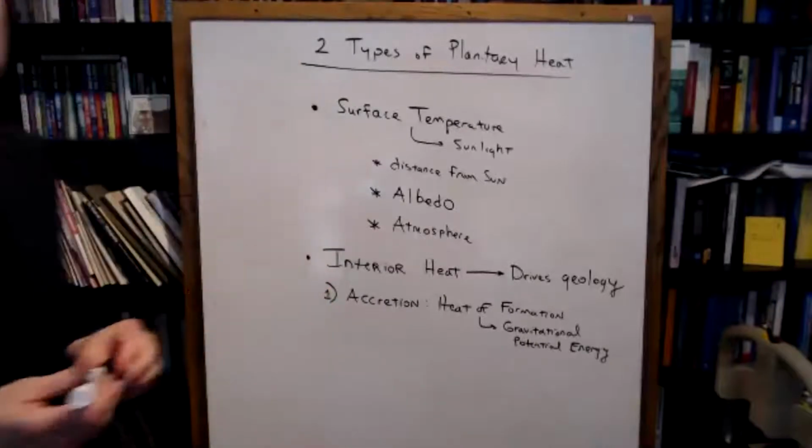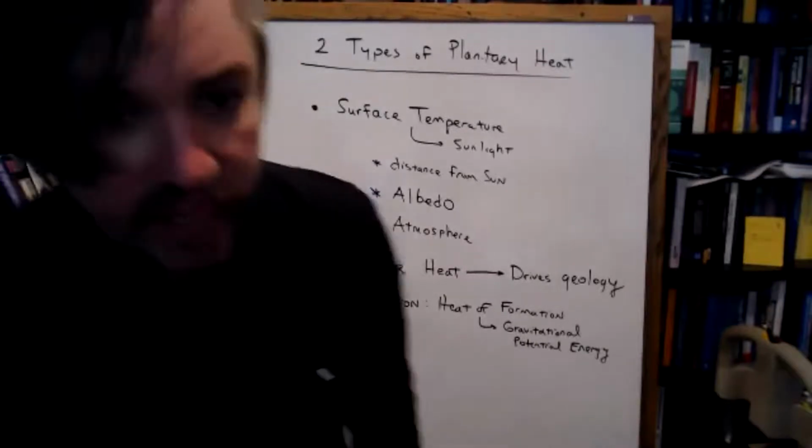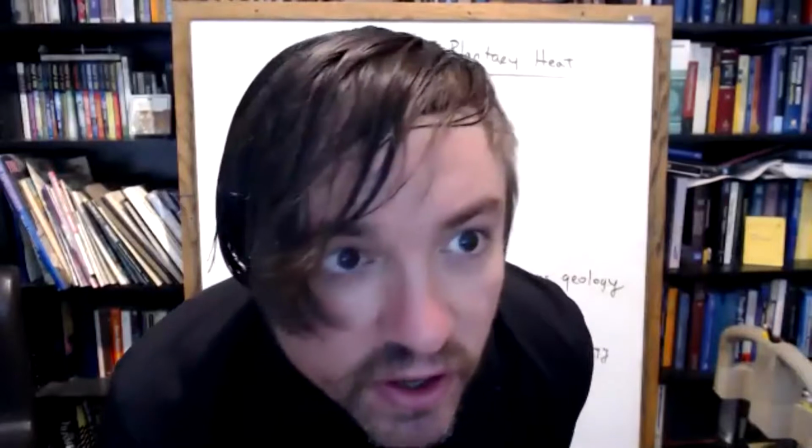So if I were to call up a little slide from the internet, if you could go back in time with your GoPro camera and film the formation of Earth, shortly after the formation of Earth, I've got a little picture here of what I imagine it might have looked like.